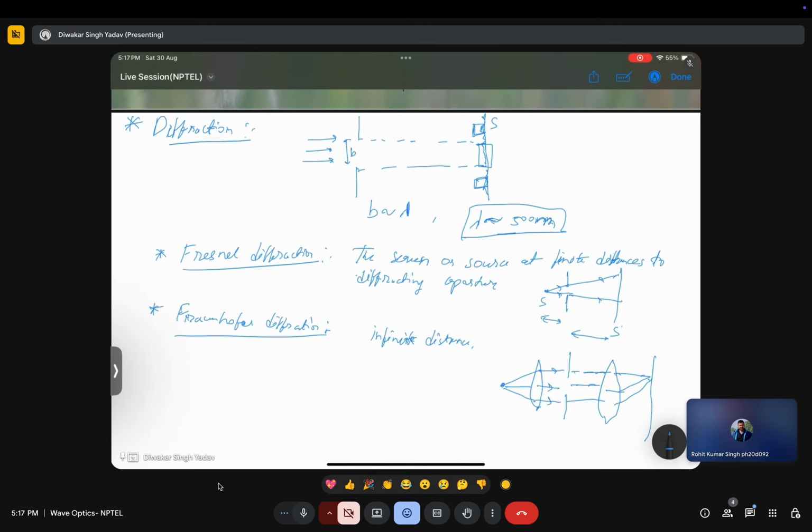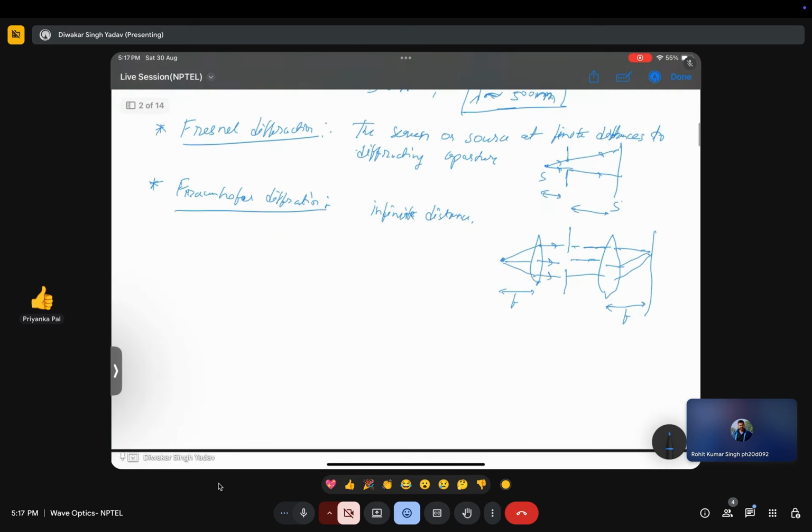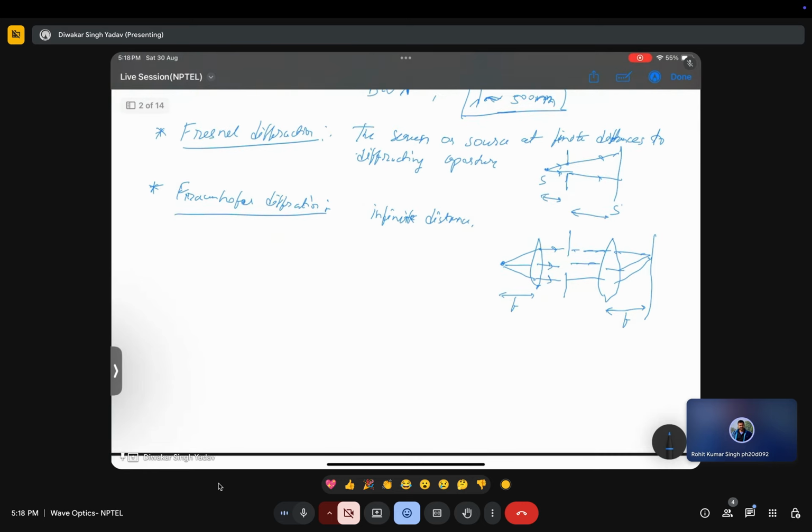And this distance should be the focal length of the lenses, okay. Is that fine? Yeah, so these are two different categories of diffraction.